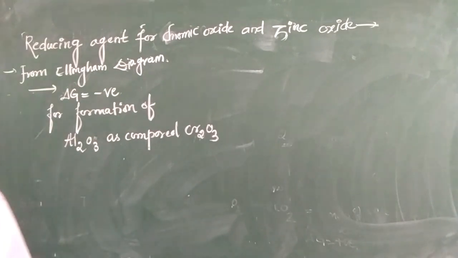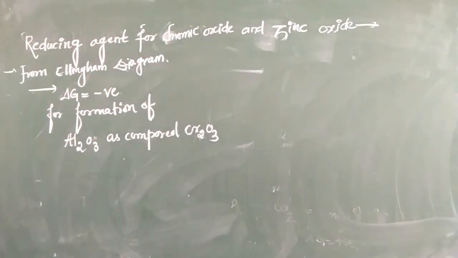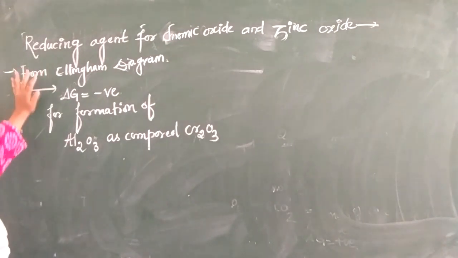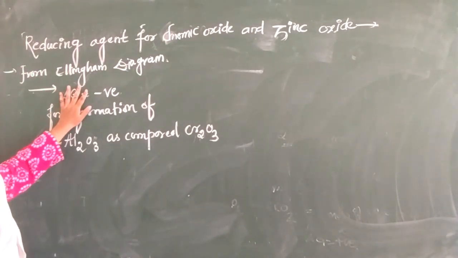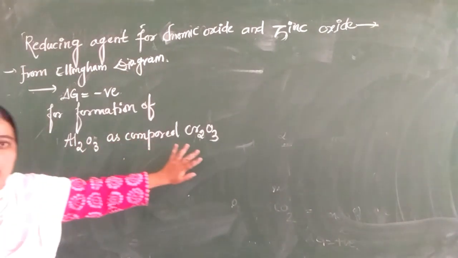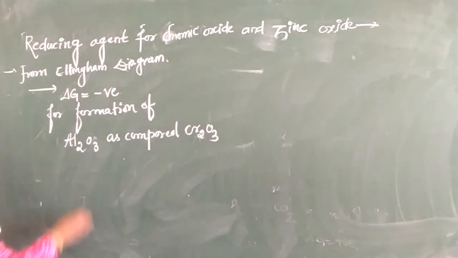What is Cr2O3? Chromic oxide. From the Ellingham diagram, it is evident that the delta G value is more negative for the formation of Al2O3 as compared to Cr2O3. So what does it indicate?